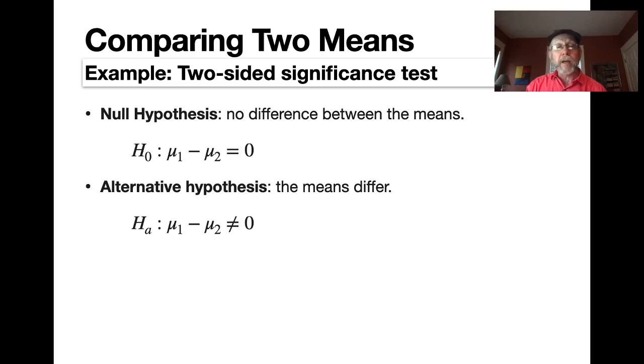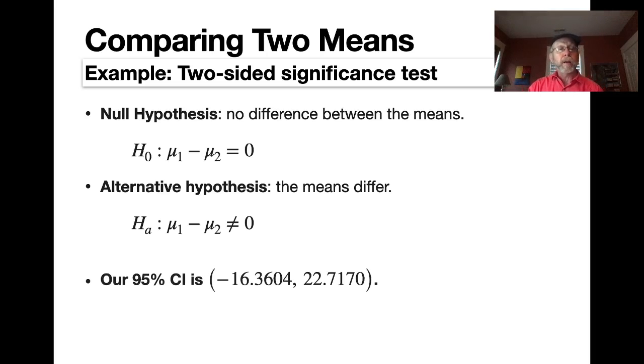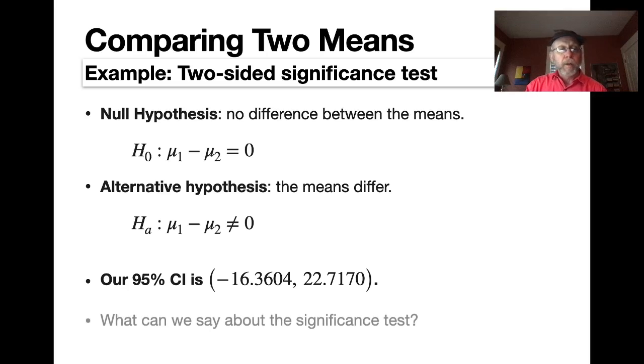And the 95% confidence interval actually casts light on this significance test just as it did before because it's two-sided, right? Our 95% confidence interval for the difference is from about negative 16.4 up to 22.7. What would we say about this?